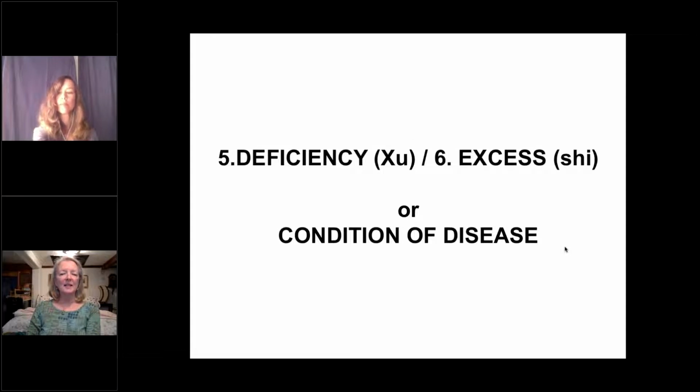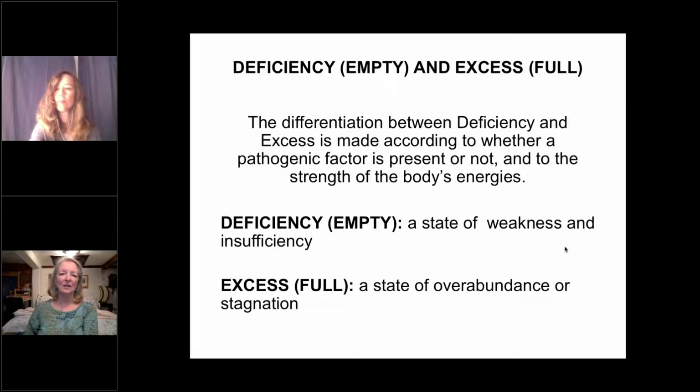Now we have the condition, excess or deficient. What is the strength of the disease? Is it stronger than the body's capacity, or is the body's capacity stronger? So it has to do with whether or not there's a pathogenic factor or the strength of the body's energy. In deficiency, it's a state of weakness and insufficiency of some fundamental property. Excess is a state of overabundance or stagnation.